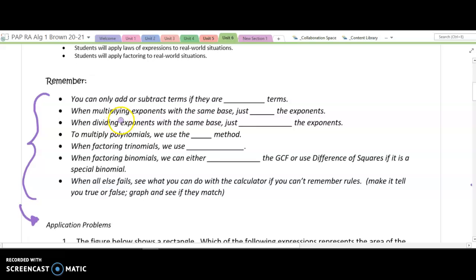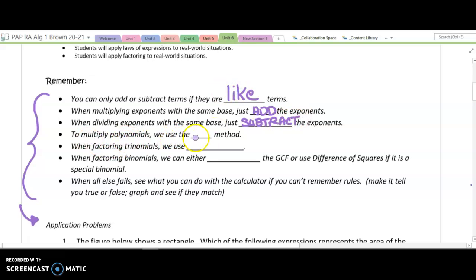Okay. So remember, you can only add or subtract terms if they are like terms. When multiplying exponents with the same base, you just add the exponents. When you're dividing exponents with the same base, you just subtract the exponents.